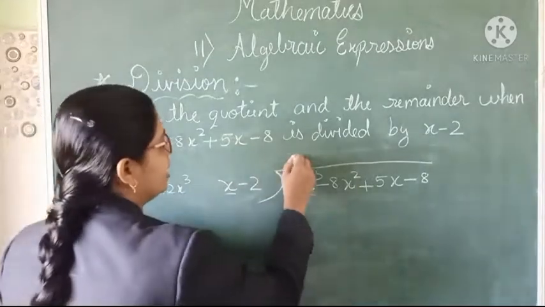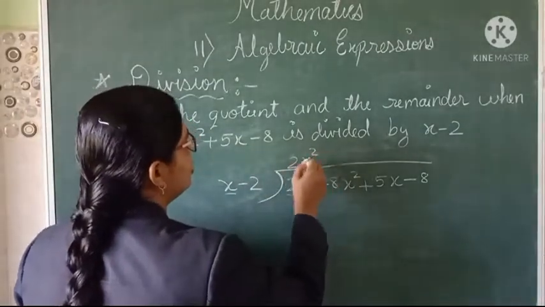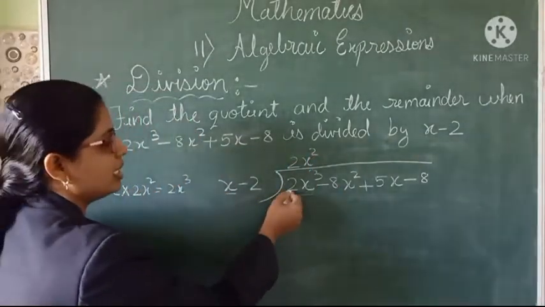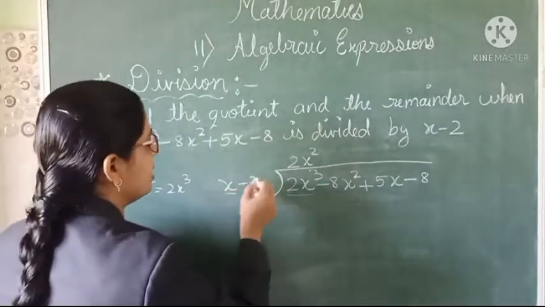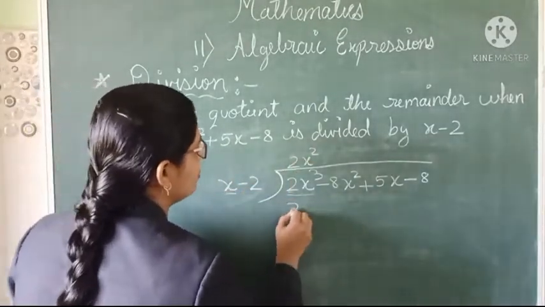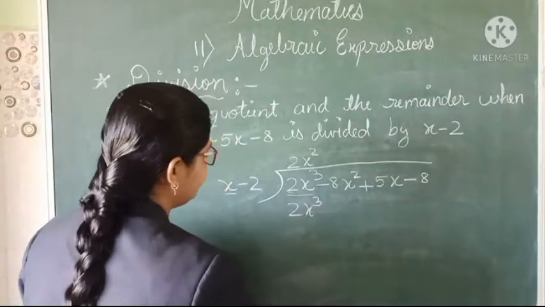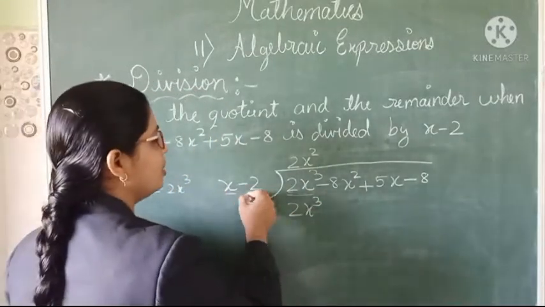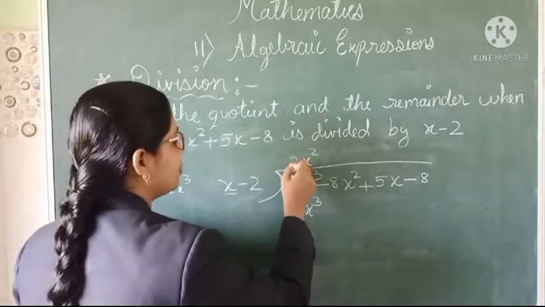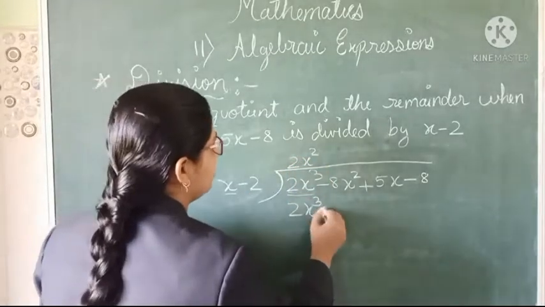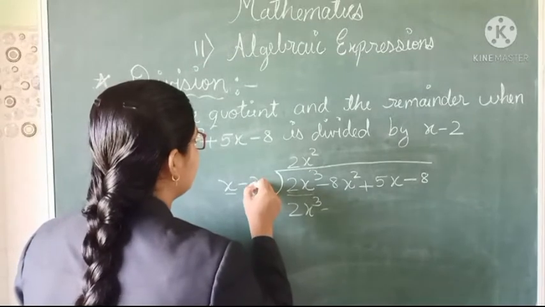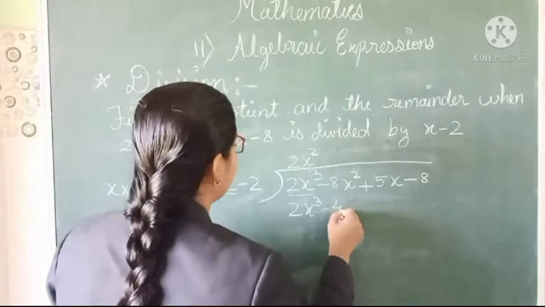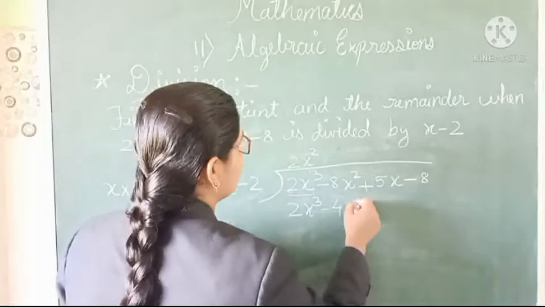So, what will I take? 2x square should be multiplied with x to get this answer. So, 2x square into x is 2x cube. Now multiply this whole to this. So 2 into 2 negative 2, so it will be negative 2 into 2 is 4 and x square.